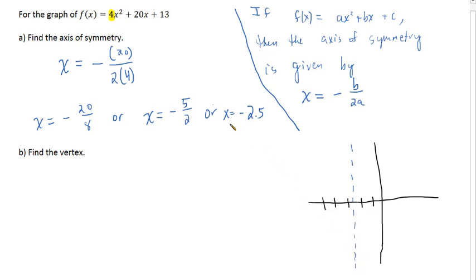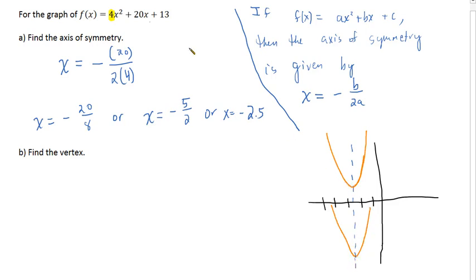And what that means is I have a parabola opening up along that line. So maybe my parabola looks like this, where that's the axis of symmetry. Or maybe it looks like this, where that's the axis of symmetry at x equals negative 2.5.